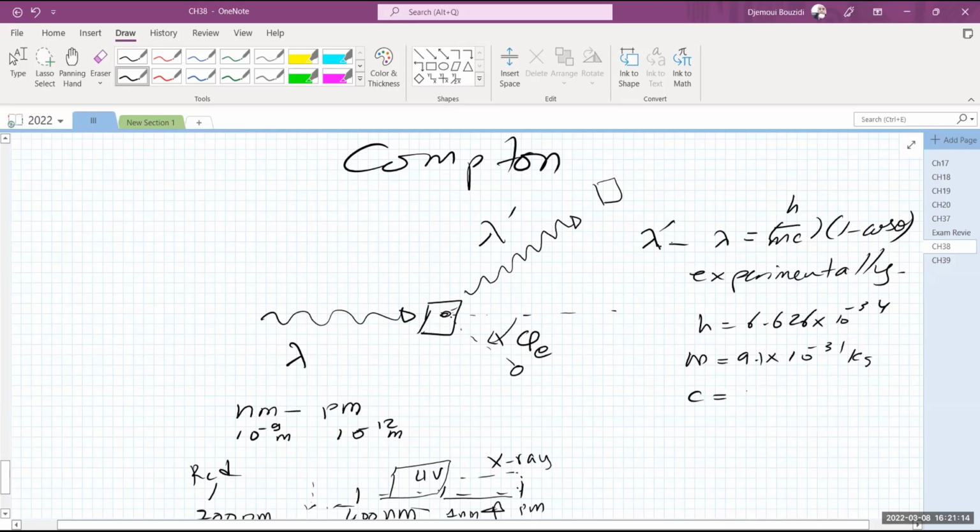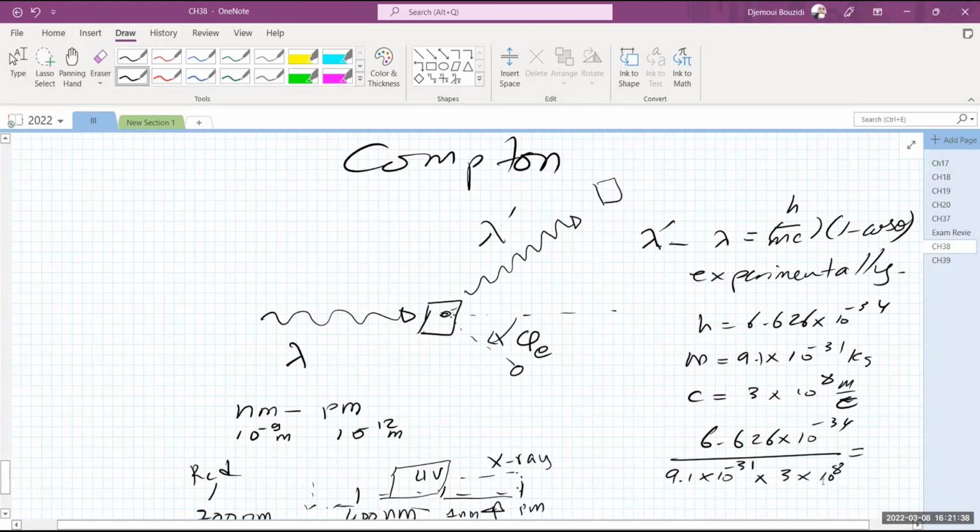And the speed of light, c, is equal to 3 times 10 to the power 8 meters per second. If I plug in these numbers, the ratio is 6.626 times 10 to the negative 34 divided by the mass of the electron, 9.1 times 10 to the negative 31 kilograms, times the speed of light, 3 times 10 to the power 8.